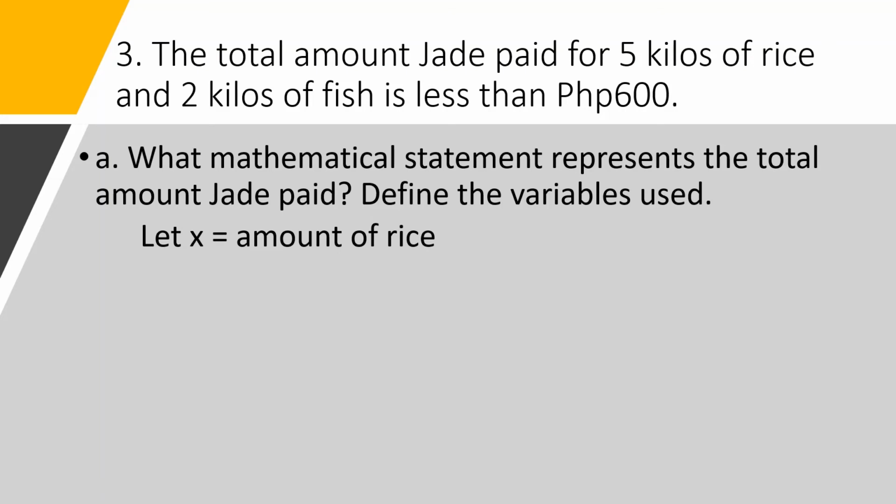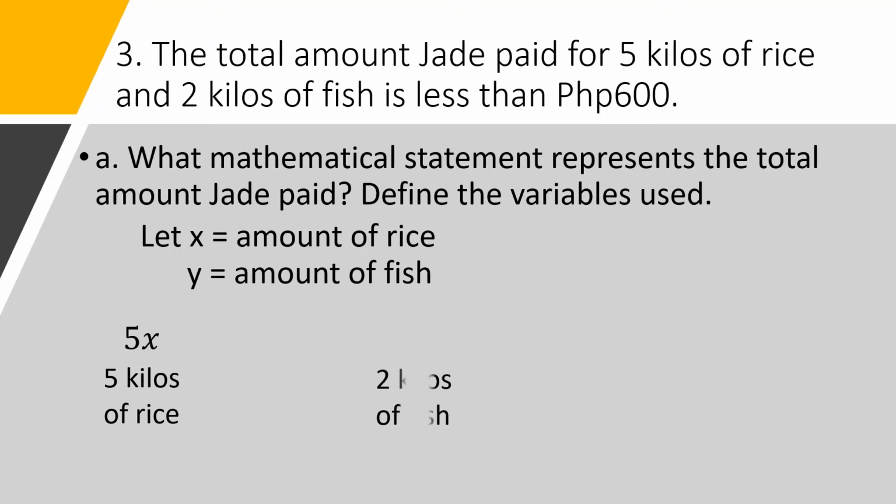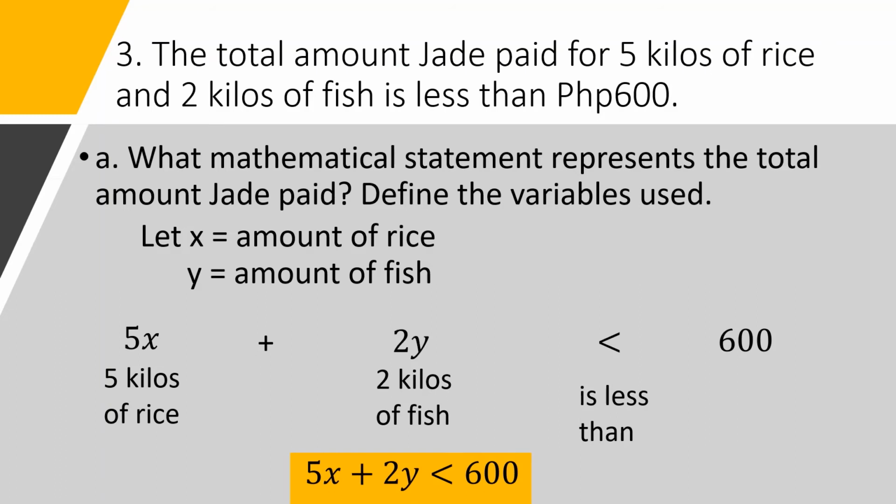So we will now let X be the amount of rice and Y be the amount of fish. Since we have 5 kilos of rice, that is 5x, 2 kilos of fish, that is 2y. Since we are talking about total amount, so we have plus, then is less than 600 pesos. So we have our inequality, 5x plus 2y is less than 600.